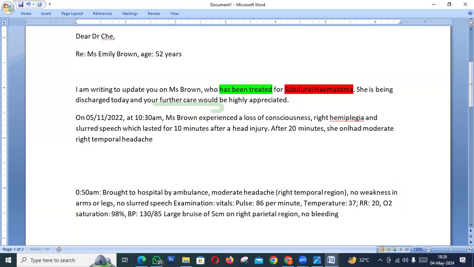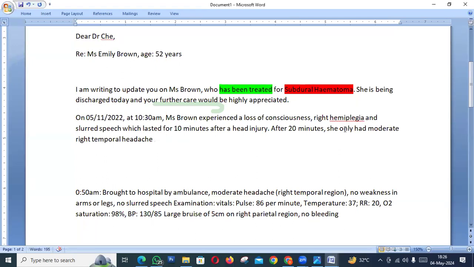She only had, maybe she is not having any other symptoms. She only had a moderate right temporal headache. I want to mention the bruise with examination, so I will not add it here.